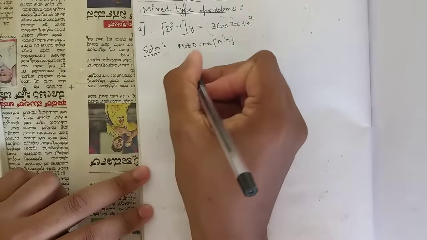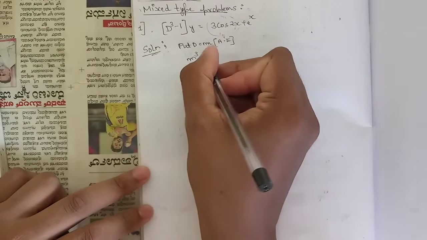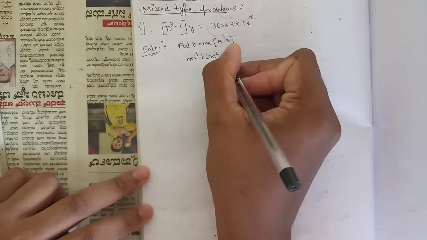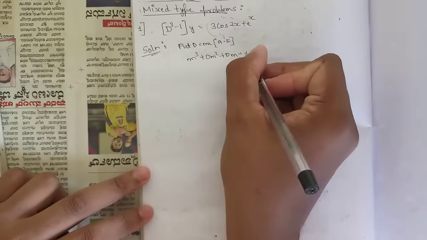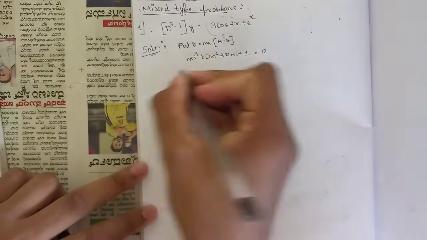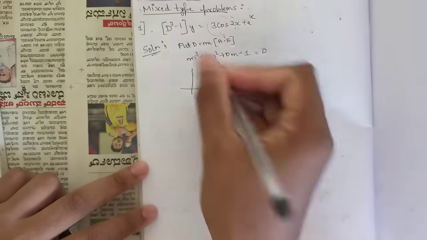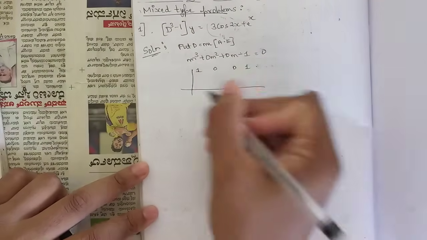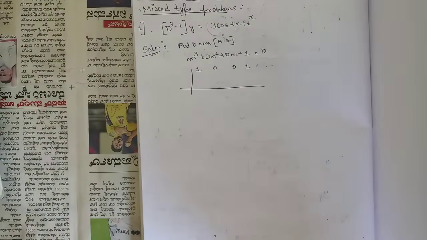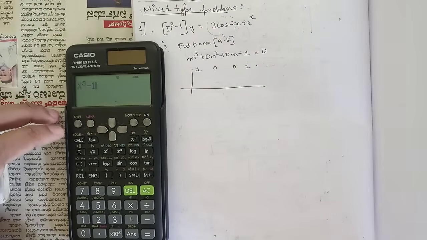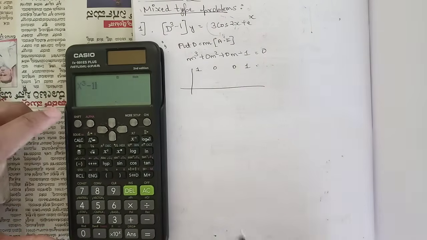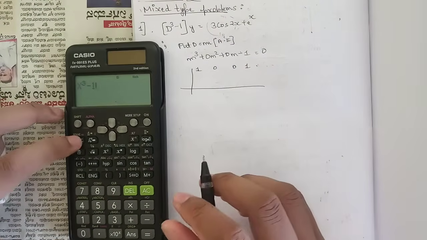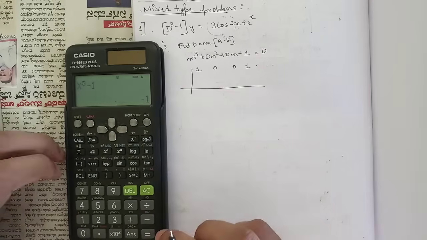So now this would be m cube plus 0 m square, these terms are missing, plus 0 m minus 1 is equal to 0. This is again a cubic polynomial. Take the coefficients 1, 0, 0, minus 1, and now we need to find the first root. I have written the equation in the calculator, x cube minus 1. Press the calc button, check for 0.